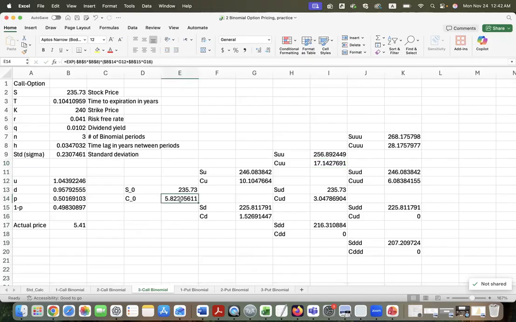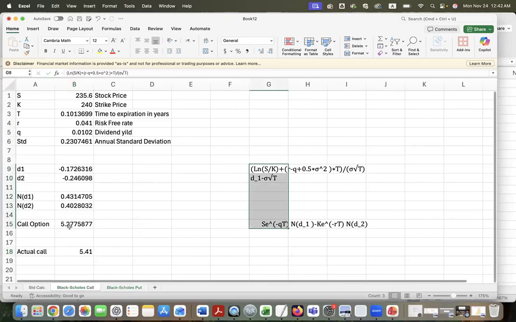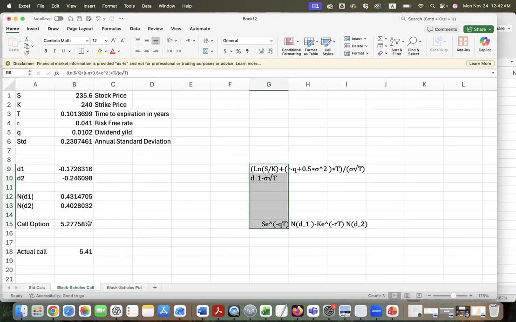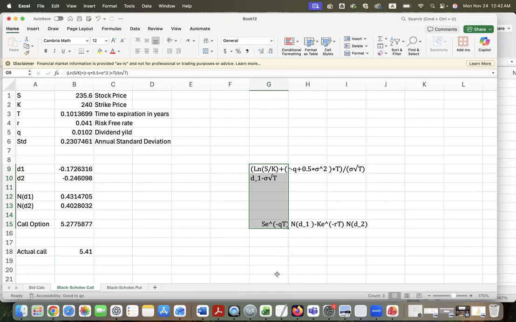We saw binomial call was 5.82, and here we got the call option 5.277. And as the number of periods goes up in binomial option pricing, the result would just converge to this Black-Scholes model.